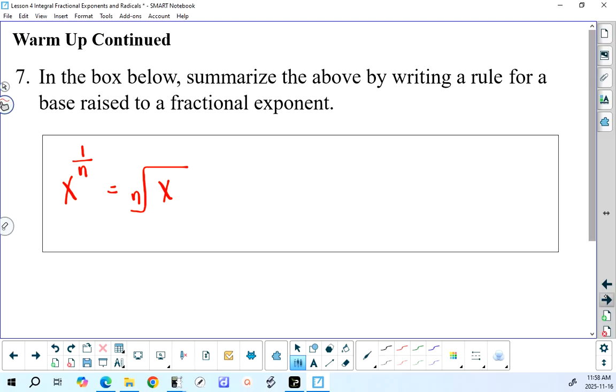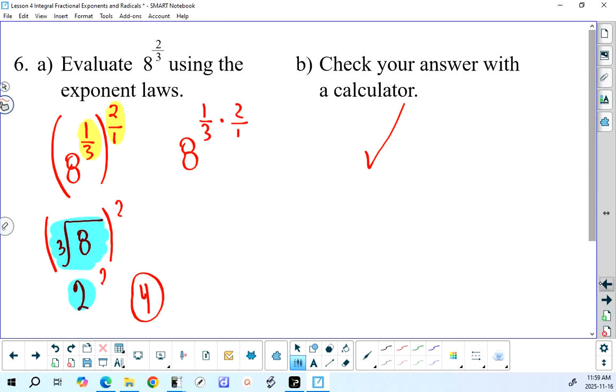But what we learned after that is that when you have a base raised to a fractional exponent, what you can do is take the nth root of the base and then raise it to the exponent of m. And we're going to have to remember that. Let me go back and just pick one, 9 to the 5/2.